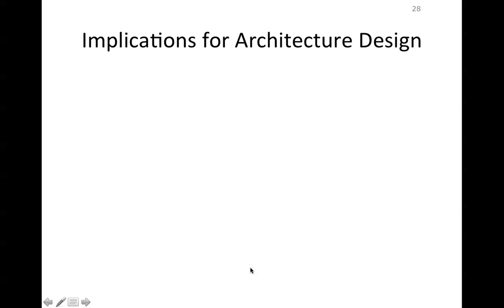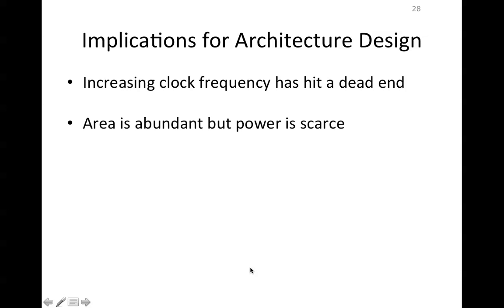The implications for architecture design are the following. So clock frequency cannot be increased much. Essentially because we have to somehow offset the doubling in an increase of power consumption.